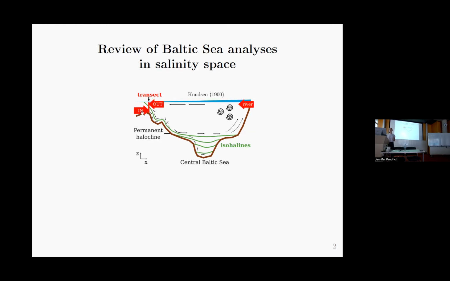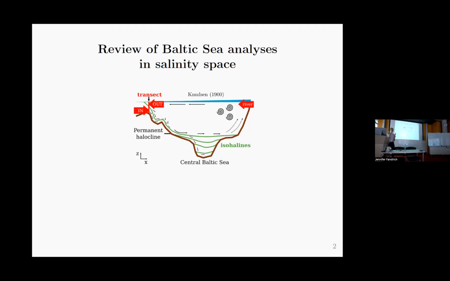So we have already seen that there is a circulation, and that mixing is very important for the circulation. And then you see the citation here. We have the reference of Knudsen in 1900, and what he did already a very long time ago is that he found bulk values for the river discharge and the inflowing and outflowing water.